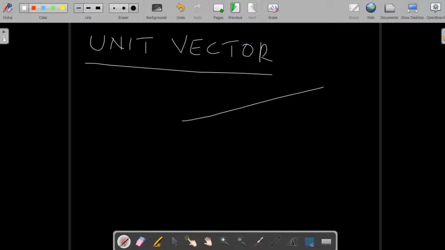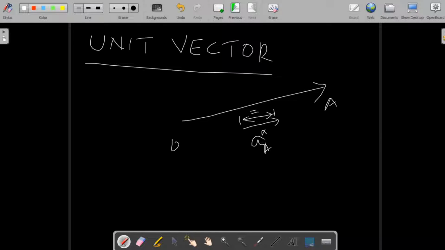That means I have a vector like this, OA, which is a vector. Then the direction of this vector can be represented with another vector. It's a representation. It can be represented by another vector, that is nothing but a cap, whose magnitude is what? The length of this, right?